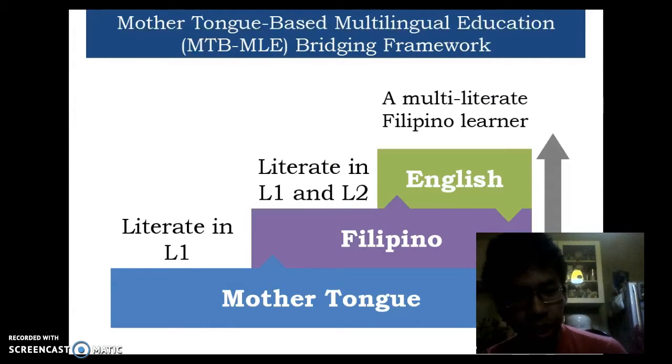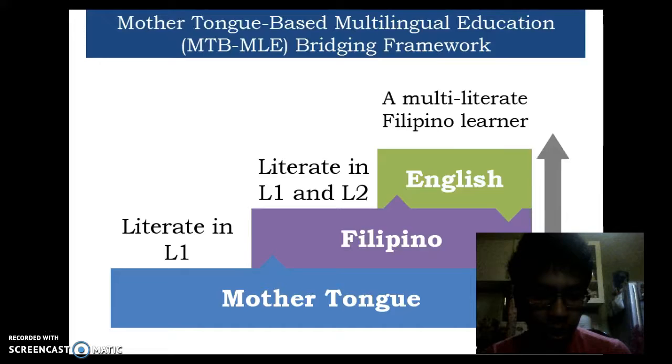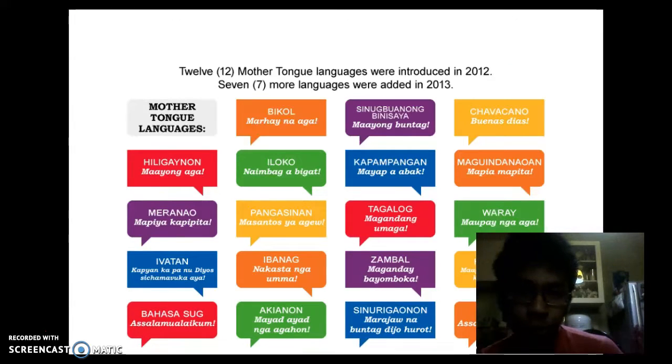Also, this is the bridging framework for the MTB-MLE. As you can see, mother tongue to Filipino to English. These are levels. These are the 12 mother tongue languages that were introduced in 2012. Seven more languages were added in 2013.